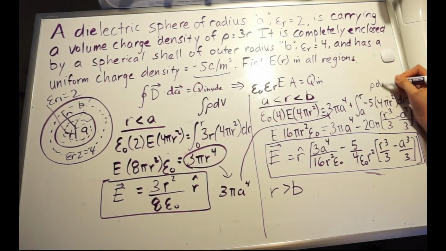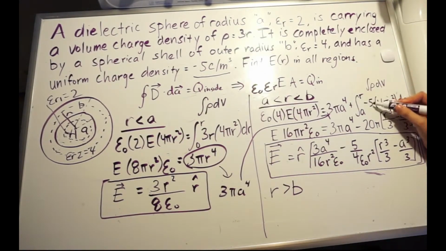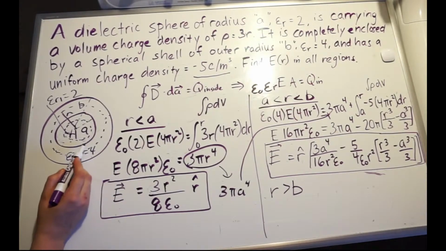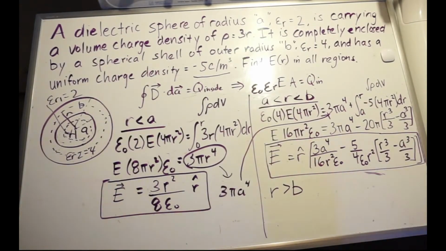So rho dV: our rho is just -5 as stated in the problem, and dV is 4 pi r squared dr, and the bounds are A to R because we're trying to solve the charge inside from A to the Gauss surface, which is a distance r from the center.